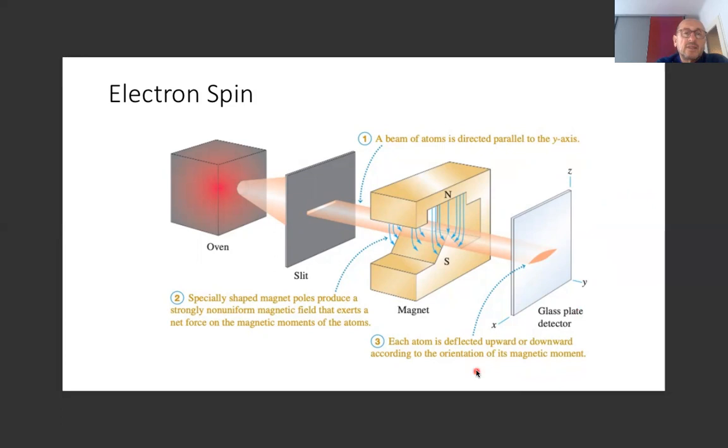They had this oven here where they produce neutral atoms that have one electron that gives the whole thing its magnetic properties, and what they expect to see is no magnetic moment, meaning it was an atom with an L equals 0 state.